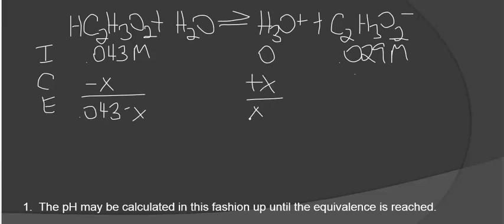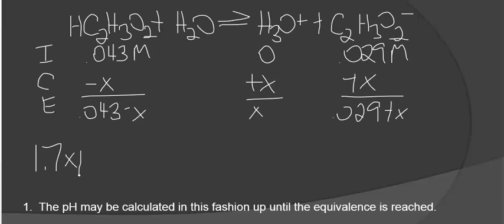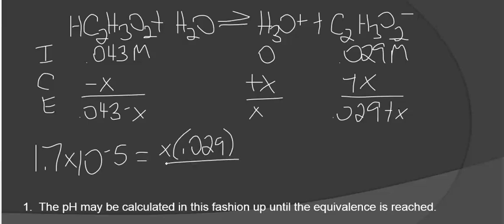Just use X's. We'll set up a Ka expression. Ka is 1.7 times 10 to the negative fifth, and that's equal to X times 0.029. We can use the shortcut, divided by 0.043.